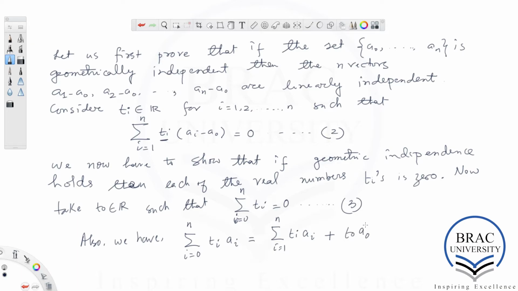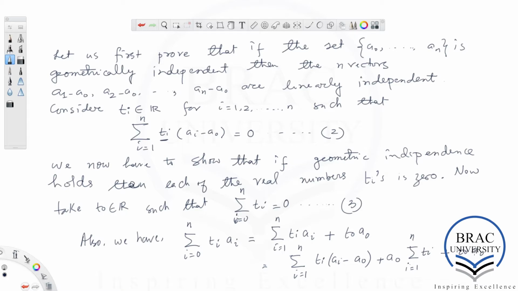Now this expression can be manipulated to give us Ti times Ai minus A0. We subtracted an additional thing here, and that's why we have to take the sum of that additional part from i equal to 1 to n, Ti, plus T0 A0.